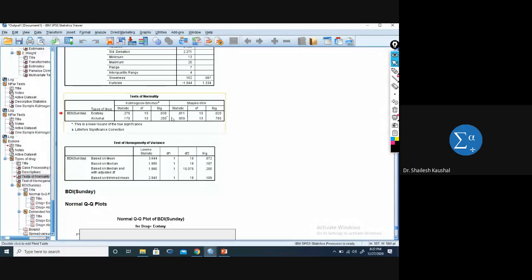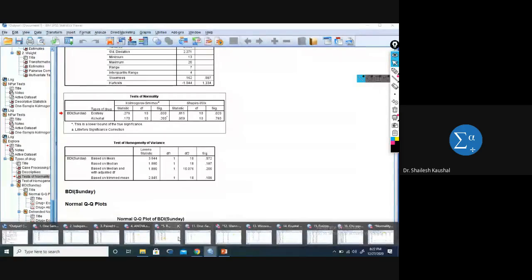Now you can see the p value is less than 0.05, so the data is not normal. For the alcohol group it is normal, and the data is homogeneous. It means the data overall is not normal but homogeneous. That is why we are using a non-parametric test.